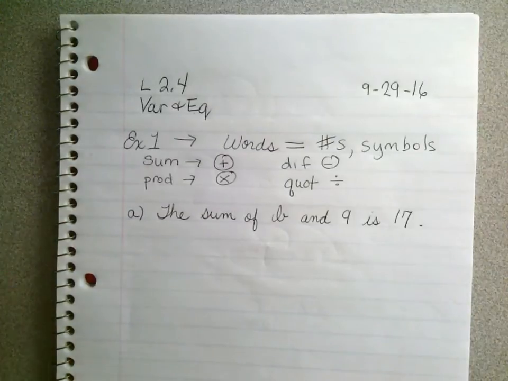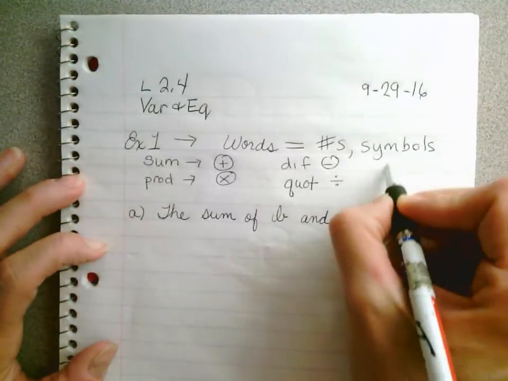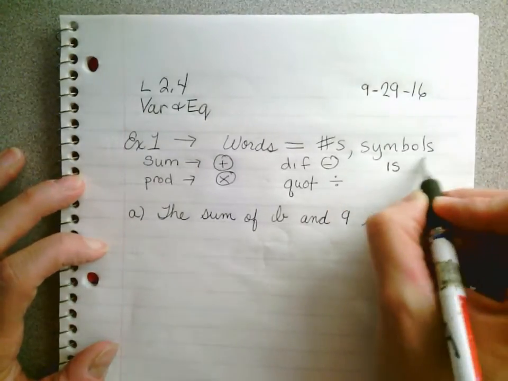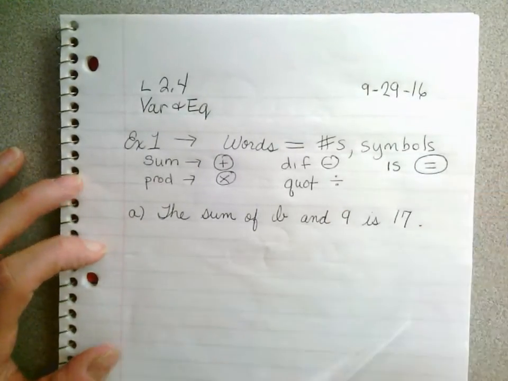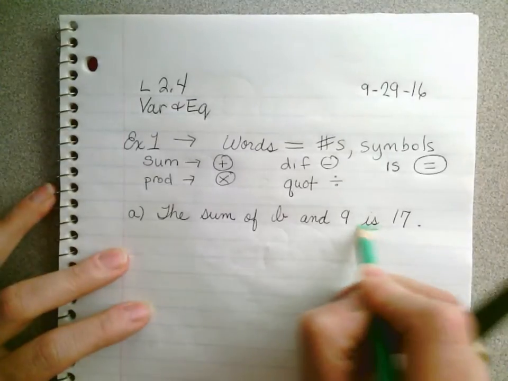Just real quick, sum, product, difference, quotient. The word is means equals. Whenever you see the word is, that is where the equal sign lives in your translation from words to numbers and symbols.